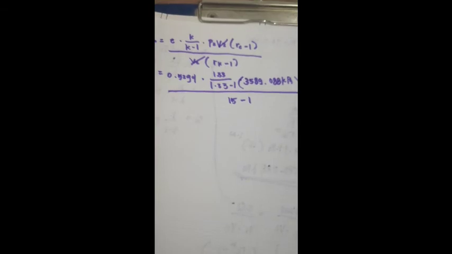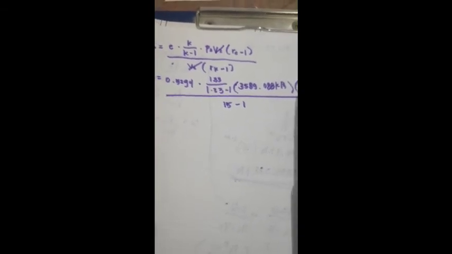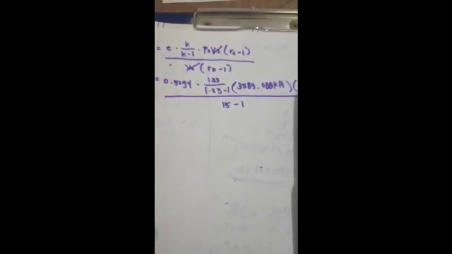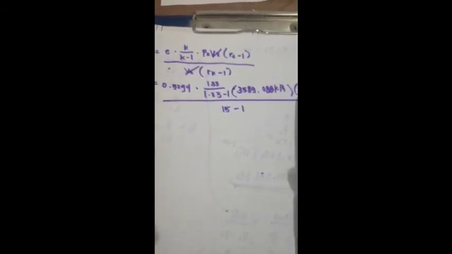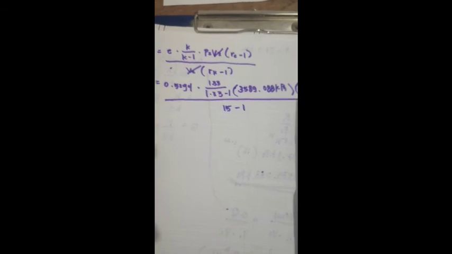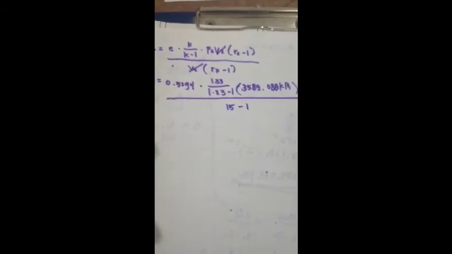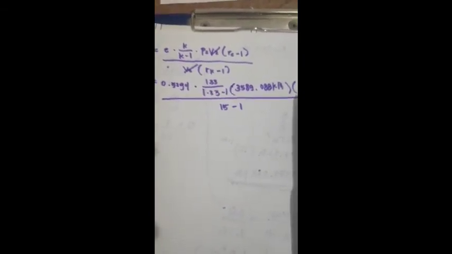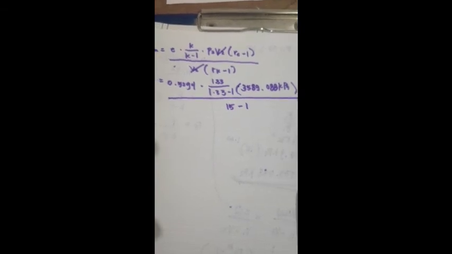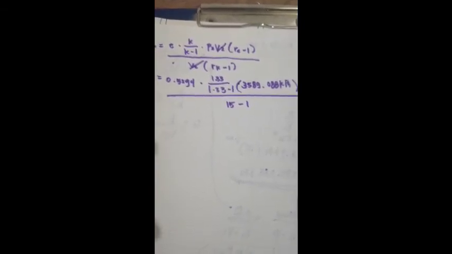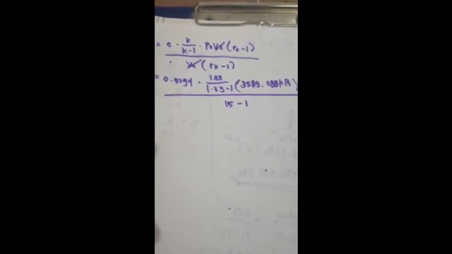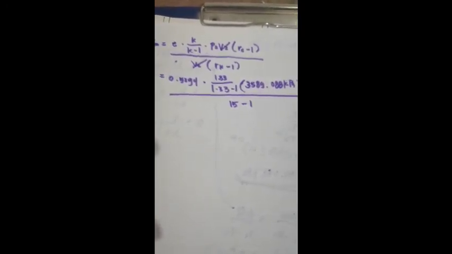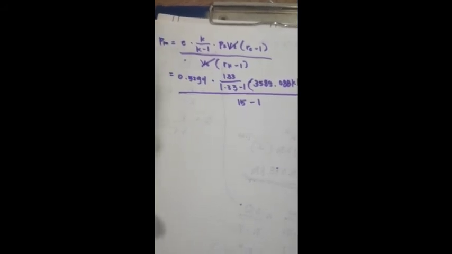So from this equation, mean pressure is equal to 0.5294 times 1.33 over 1.33 minus 1 times 3589.088 times 2.1 minus 1 over 15 minus 1.